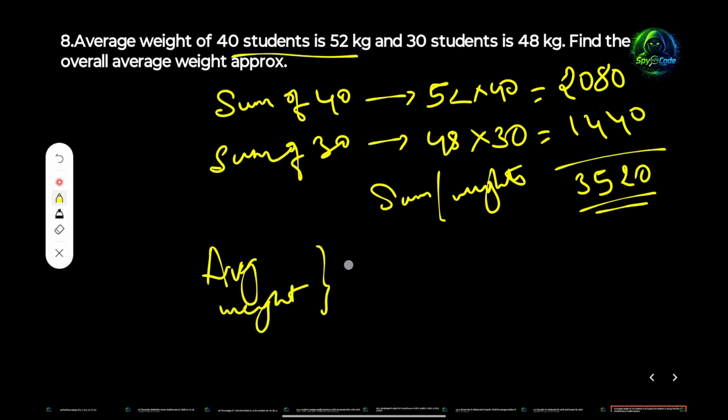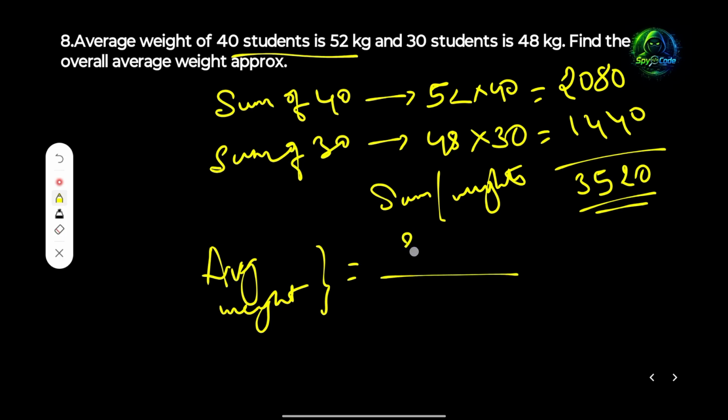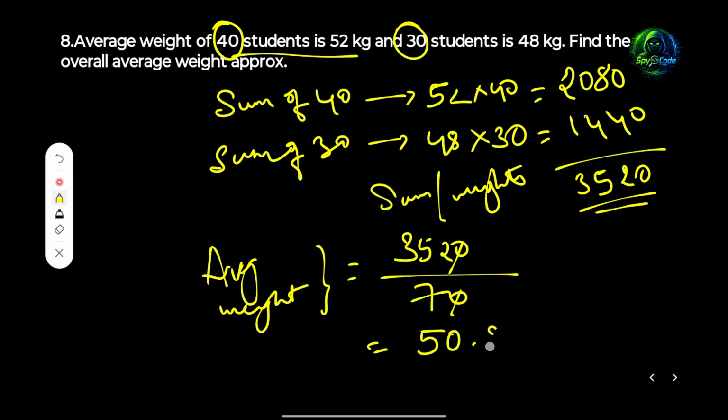So average weight is equal to sum 3520 divided by total number of students, 40 and 30, so 70. So upon solving this we get the answer as 50.2 something. Okay, this is the overall average weight of all the 70 students.